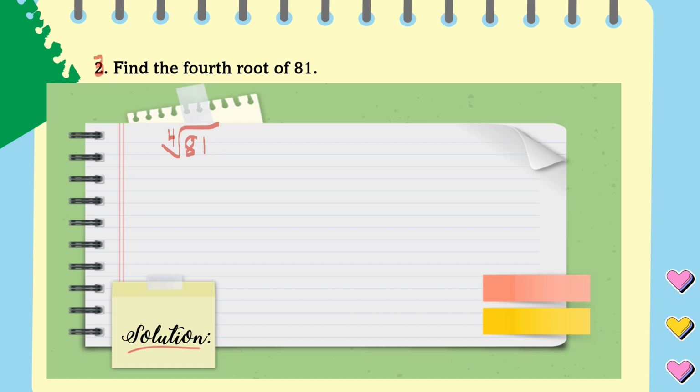Can you guess what that number is? Alright, the answer is 3, because 3 raised to 4 is 81. Or it could also be negative 3, because negative 3 raised to 4 is 81.